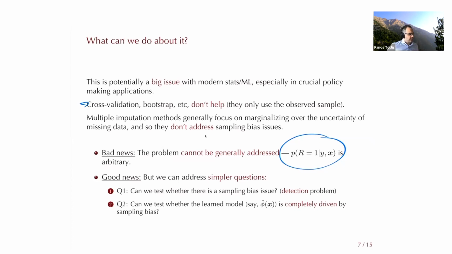And the second question is, can we test whether the effects that we find with our stats ML model could be completely driven by sample bias, but there's no relationship in the superpopulation? So these two questions might appear to be strict, but I argue that they're useful in practice.